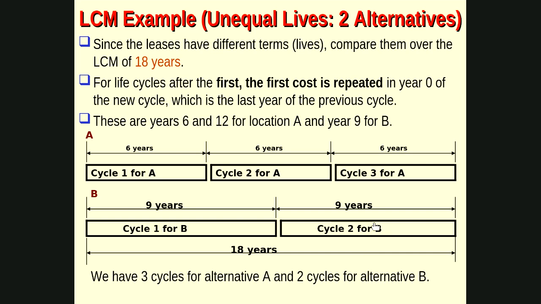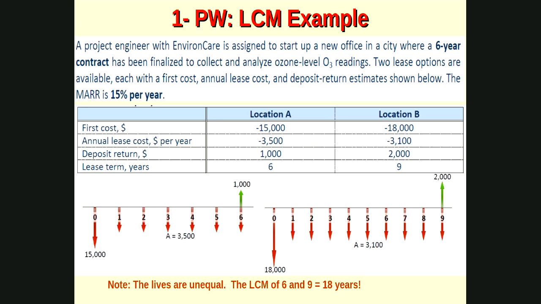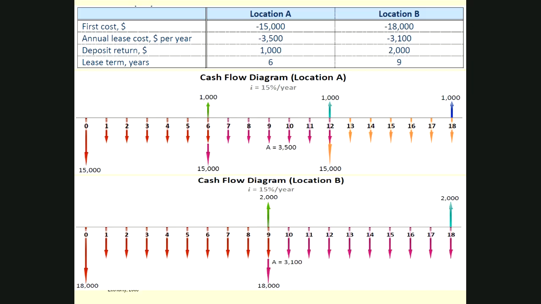What do we mean by cycle? The cycle is these values from 0 to 6, starting from the 15,000 until the 1,000. This is one cycle. So you will repeat this cycle 3 times in alternative A, and 2 times in alternative B, as you see in this slide.